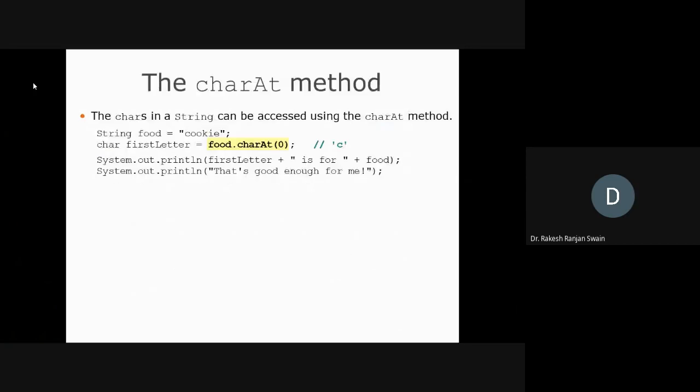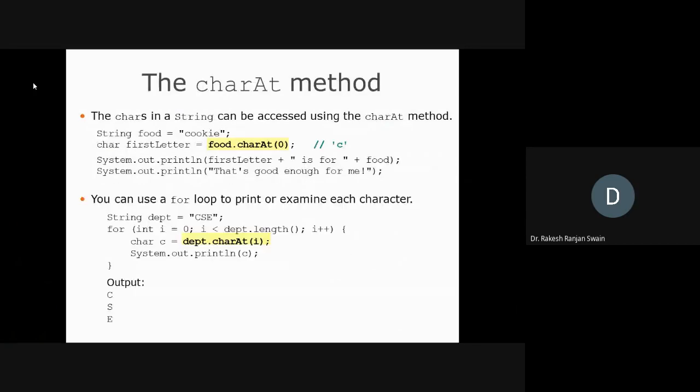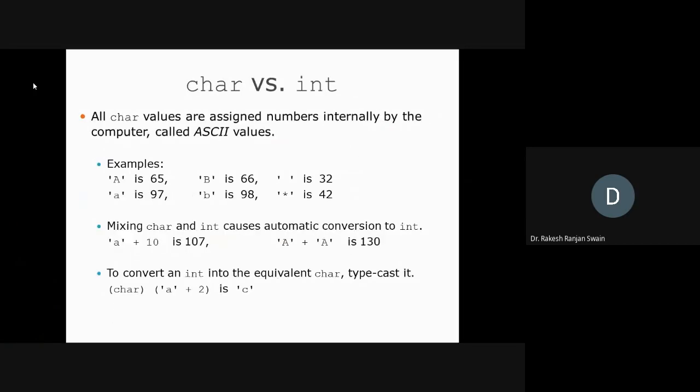So previously, the charAt method is complete. Next we see character versus integer. All character values are assigned numbers internally by the computer, called ASCII values.